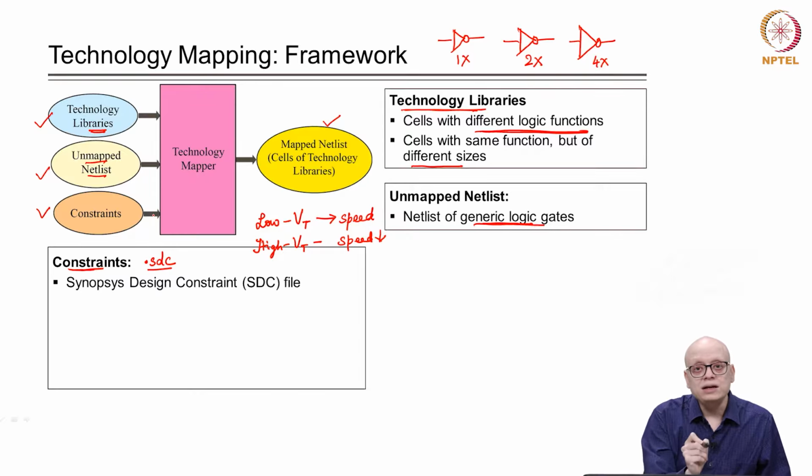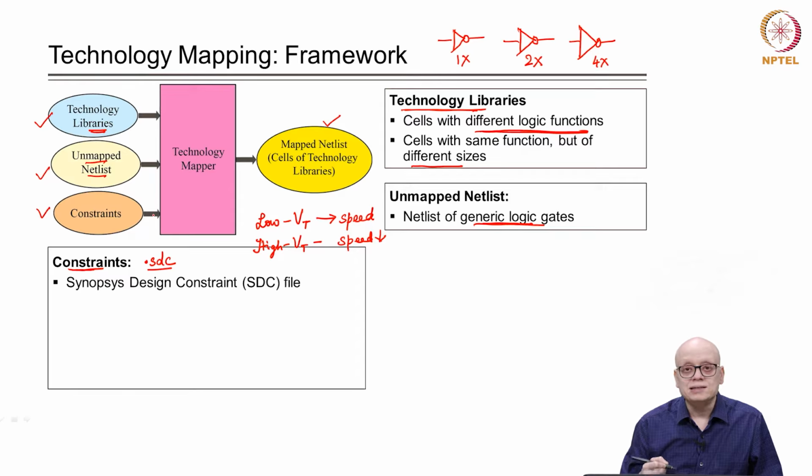What information does the SDC file contain? The SDC file contains information about the clock frequency, the environment in which a design is expected to work and so on, and based on this constraints file, the mapper can take its decision that for which path, which kind of cells need to be instantiated in the netlist and so on.